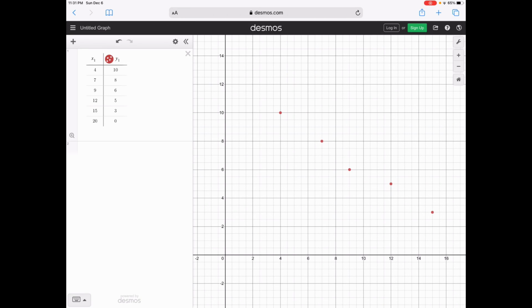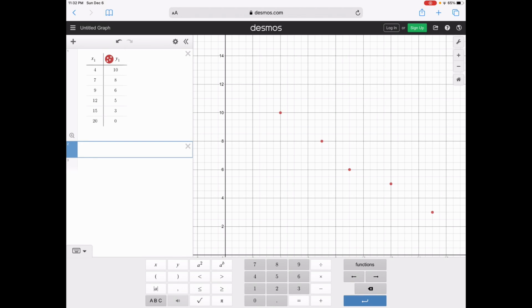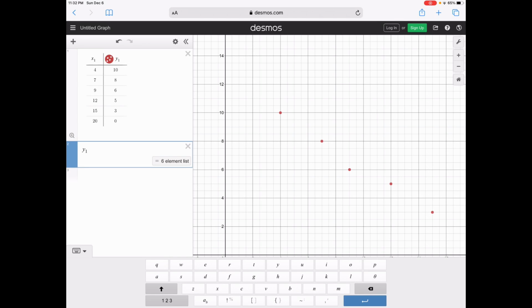Now let me show you how to find the equation of the line that goes through those data points as close as possible, known as the line of best fit. So we'll go to our second line here, and this just takes some practice. So we're going to do y equals mx plus b, but we're going to be specific to the first entry into this calculator. So I'm going to pick y and the number 1. Okay. I also need to select this ABC in the bottom left of your screen to bring up some options, and since our equation isn't perfect, we're going to pick this sort of squiggly symbol that represents approximately.